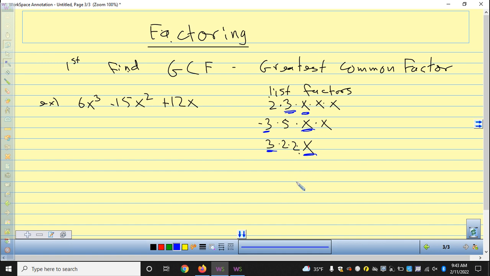So the greatest common factor is 3x, because each of these has a 3 and an x in it. So the greatest common factor is 3 times x.